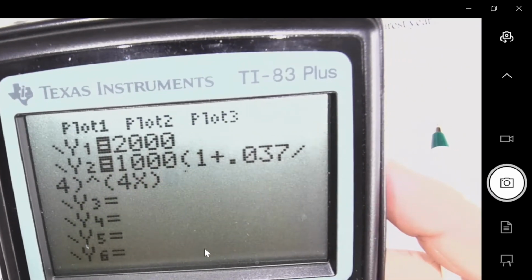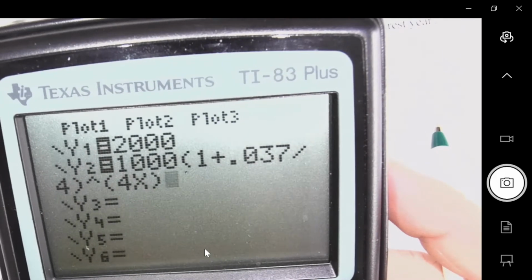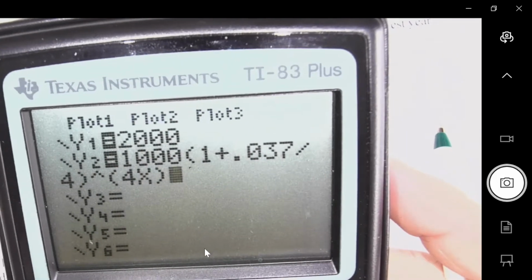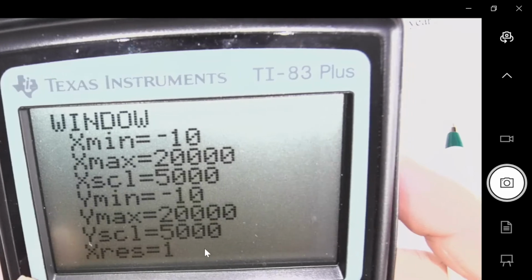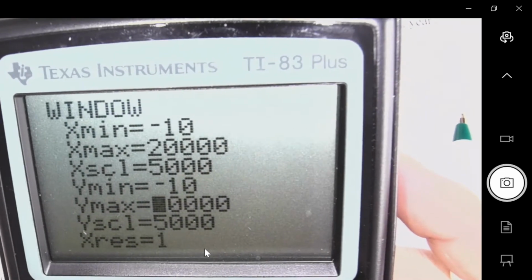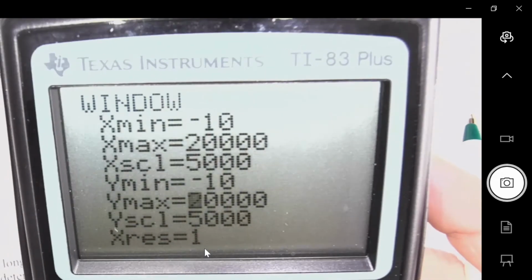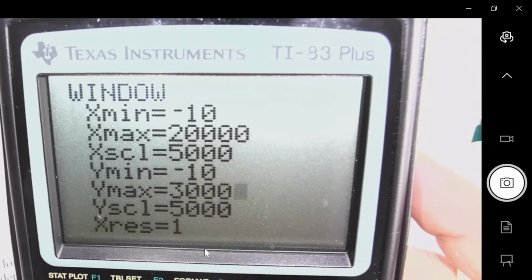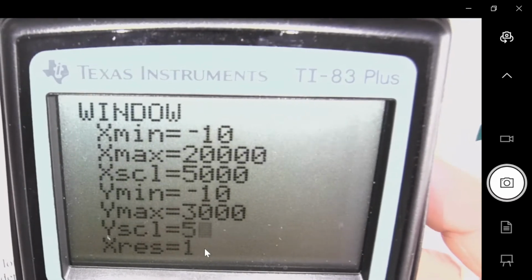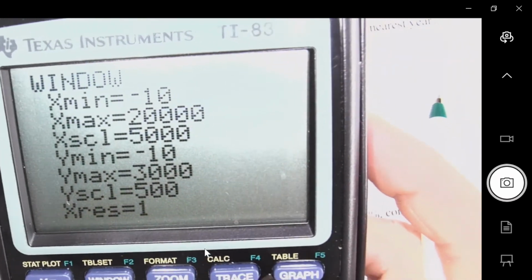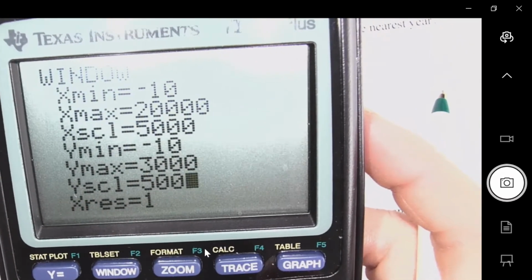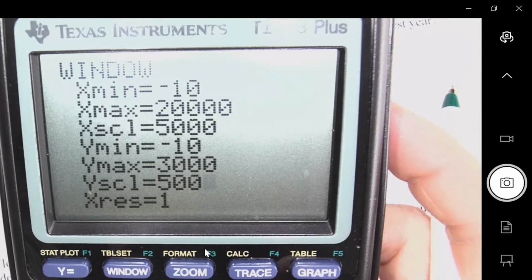Okay, let's think about what we want our window up to. So window, Y max. I'm already at that $2,000, so why don't we go 3,000? I'm gonna go up to $3,000 and I'm gonna jump by $500 scale.